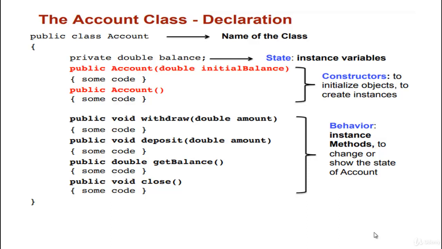We'll be looking into the topic of constructors in a detailed manner in a future session. And next we have behavior, the instance methods to change or show the state of an account. So we have the behavior: withdraw, deposit, get balance and close.